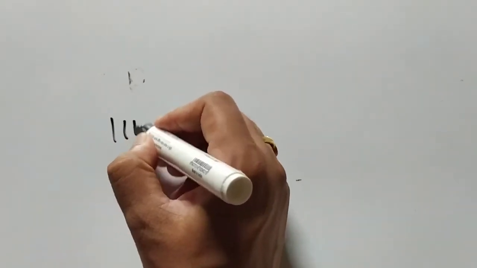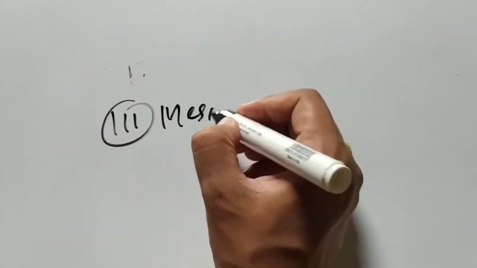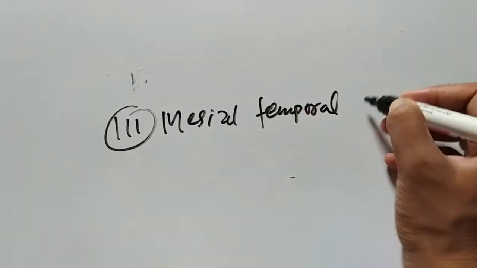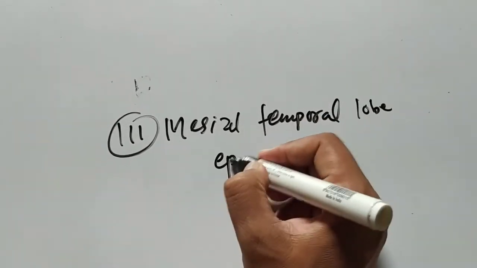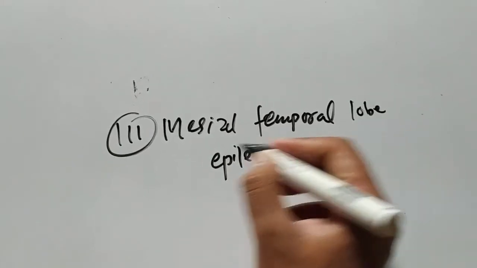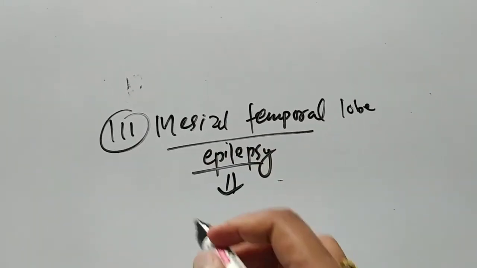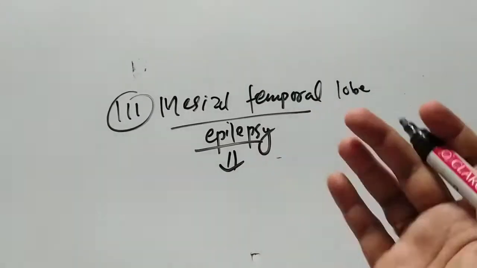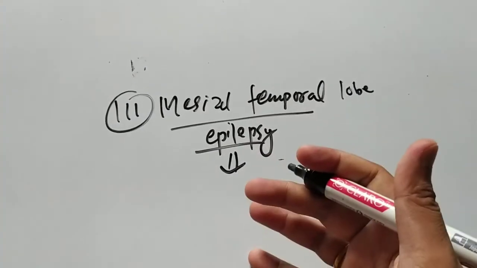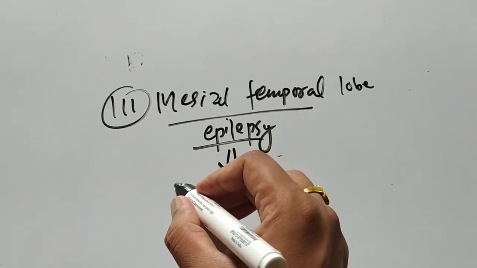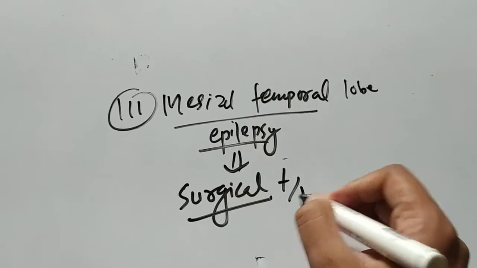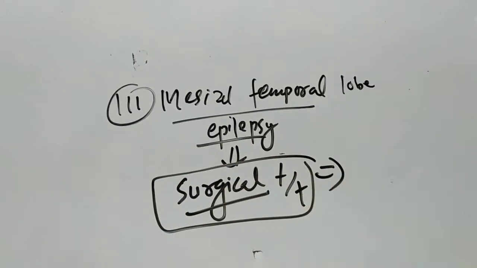Now another epilepsy syndrome is mesial temporal lobe epilepsy. In mesial temporal lobe epilepsy, the treatment is not mostly medical. We will basically do the surgical treatment, as medical treatment is not effective.